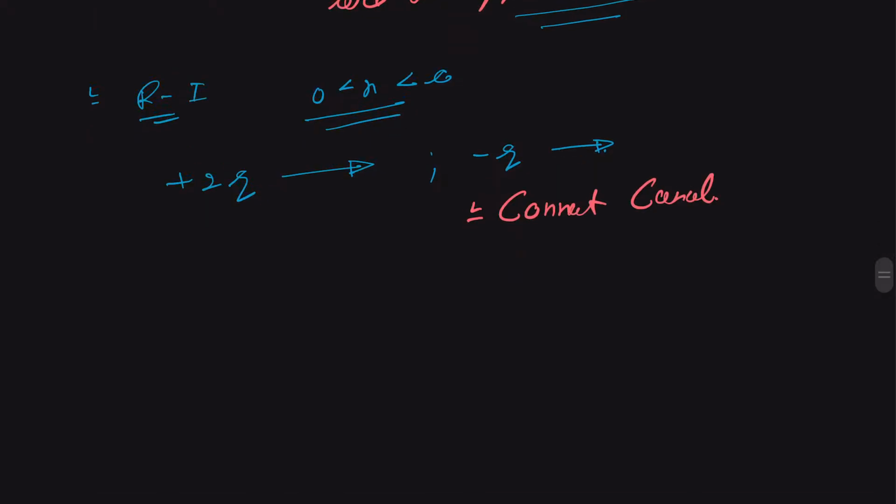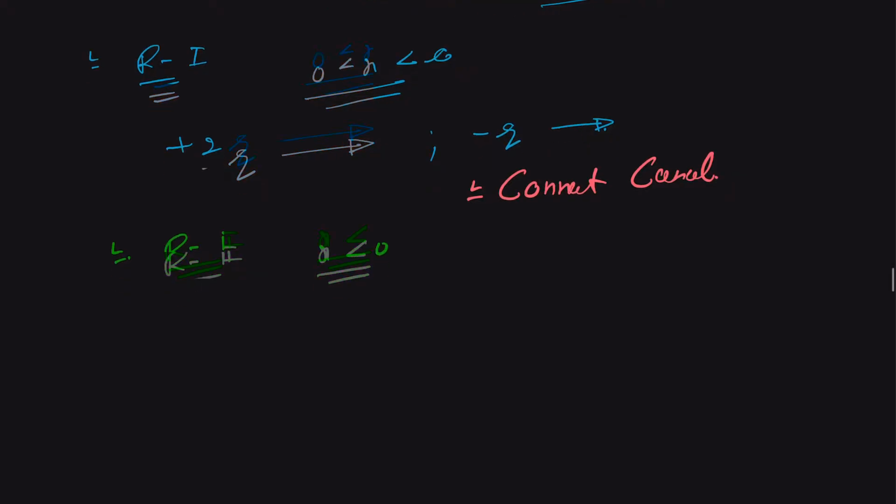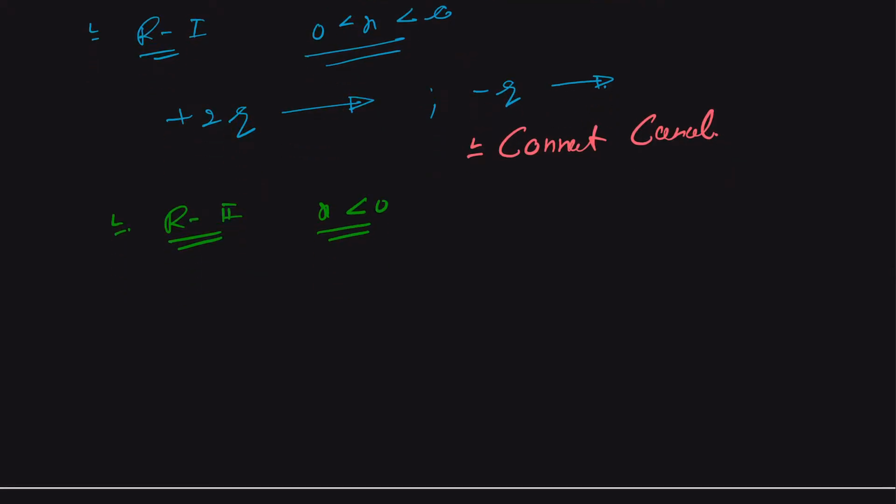And then we come to our region 2, where x is less than 0. Therefore we can say that the field due to our plus 2q is going to point toward the left side, whereas this minus q is going to point toward the right side.